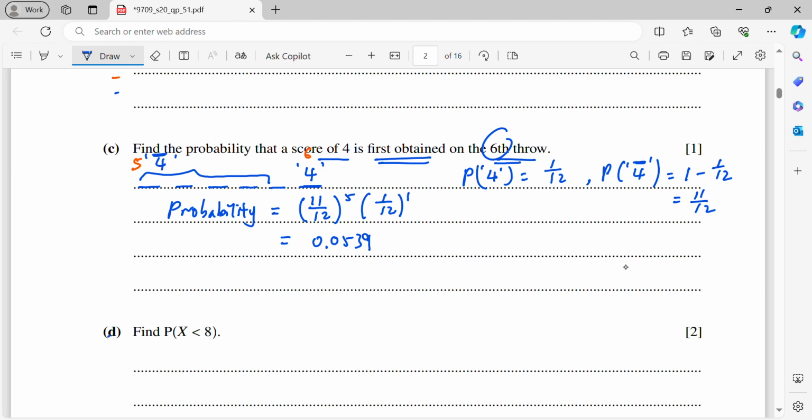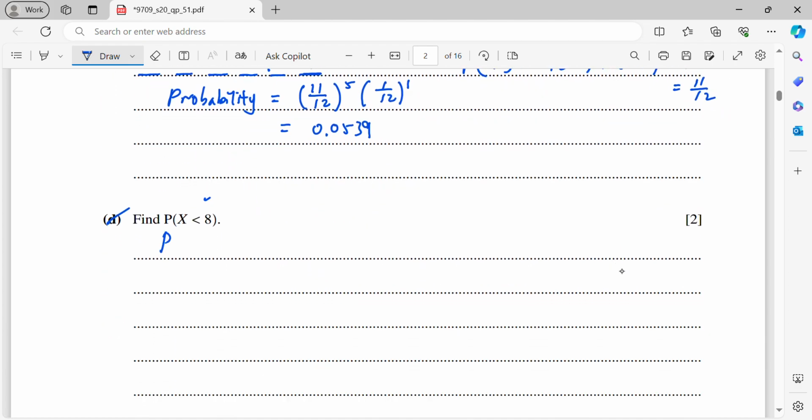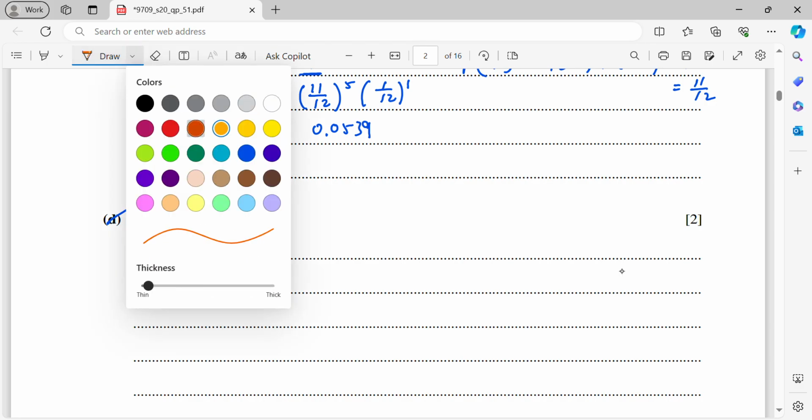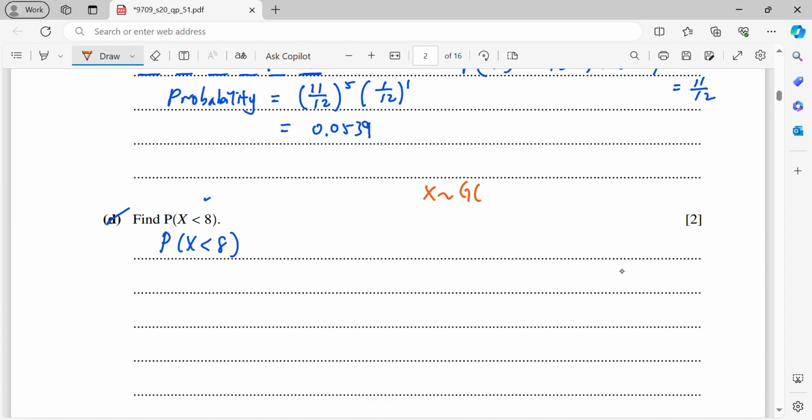Now D, calculate P(x less than 8). For your information, if x is geometrically distributed, P(x less than or equal to small x) is 1 minus q to the power of x.